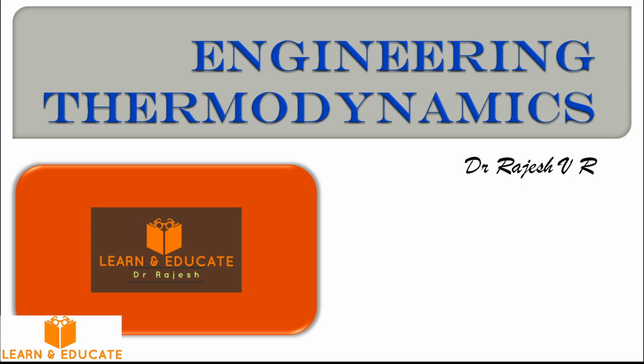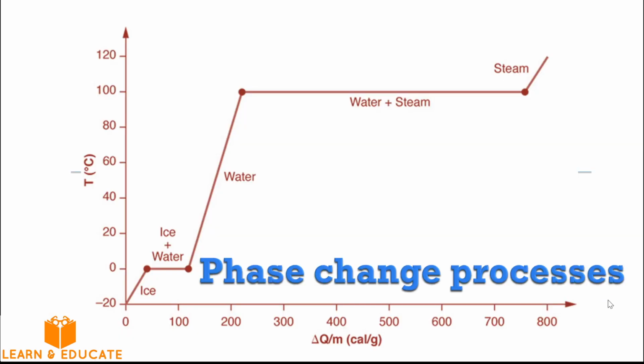So today we are going to learn an important topic which will be pretty helpful in solving problems and analyzing the phase change processes of water. So you know that whenever phase changes, it happens at a constant temperature at a given pressure.